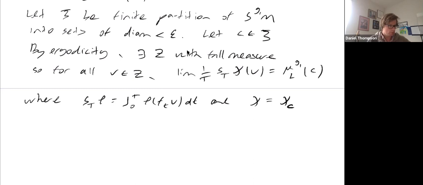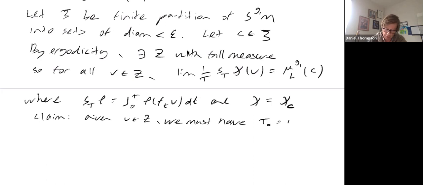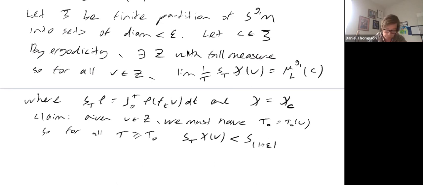So, claim: given a V belonging to this full measure set, we must have a T0, and it's depending on V, but that's okay, so that for all T greater than T0, S_T chi of V is less than S_{(1+epsilon)T} of chi of V. Okay.